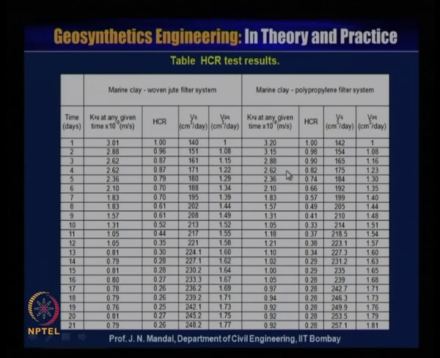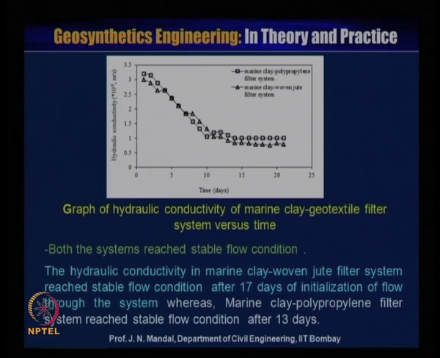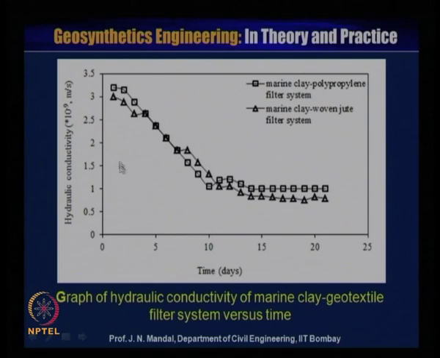Now, from this chart, we will show some variation. What is happening? This figure shows the graph of hydraulic conductivity of marine clay and geotextile filter system versus time. I am showing it on a larger scale here.